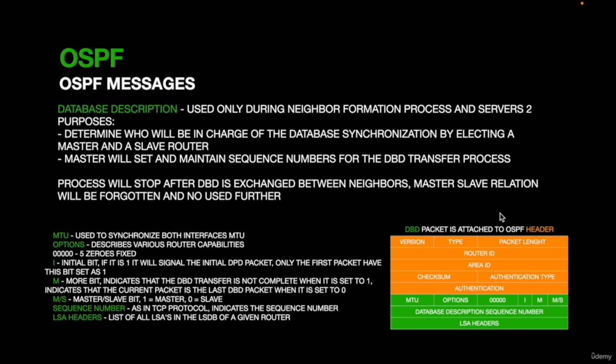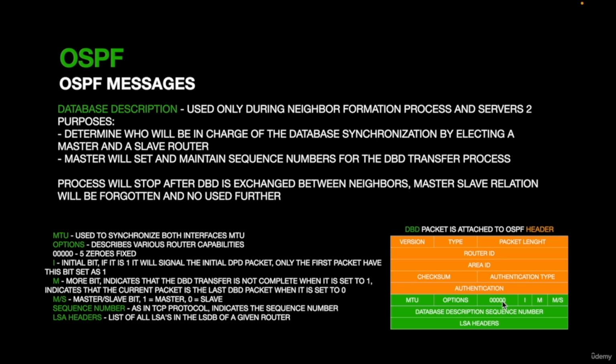Okay, and we also have our OSPF header and our database description specific fields. For database description, we have the MTU. MTU on the interfaces must match. We have the options field, which describes various router capabilities.